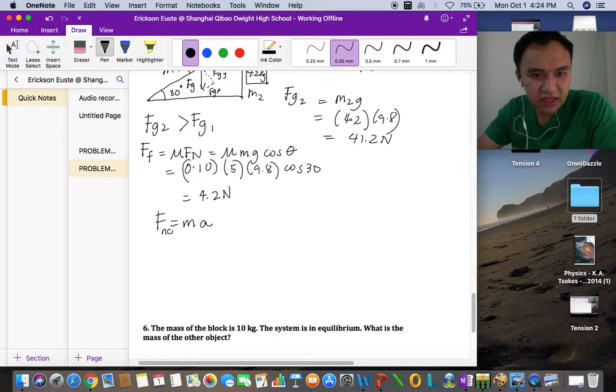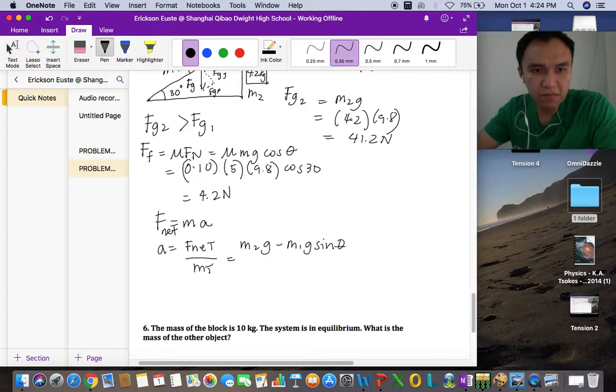This is F net. So A is equal to F net over the total mass. So I can have M2G minus M1G sine theta minus M1G cosine theta times mu all over M1 plus M2.